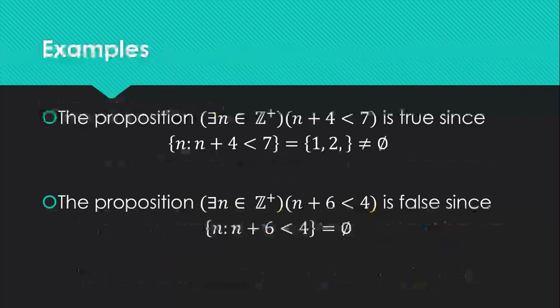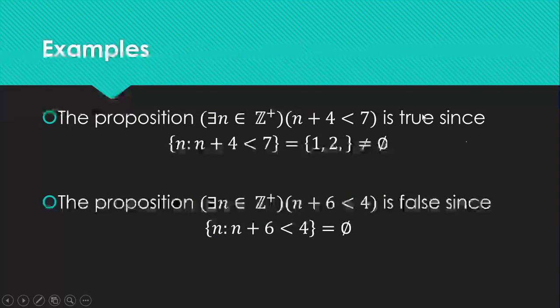Now let's show some examples. In the first example, there exists a certain n that is an element of the set of positive integers wherein the propositional function n plus 4 is less than 7 is true.